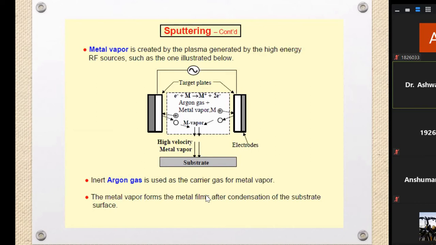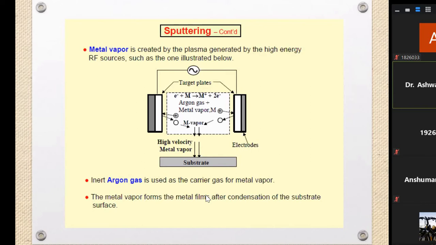The momentum transfer on the impingement causes the atoms to evaporate. First step is to what? First step, the ions bombard the surface of the target plate with high velocity, and this creates a momentum transfer. Because of this, the metal is converted to metal vapor and evaporated.